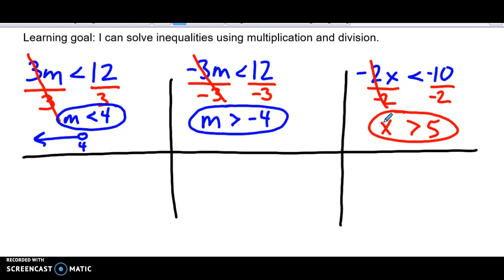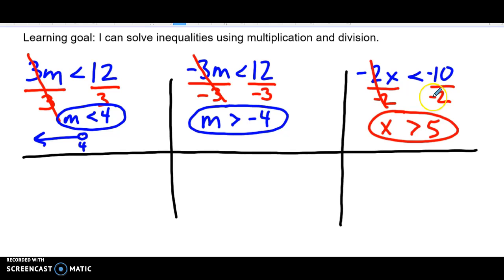If you look very closely on our first example, when we divided by a positive number, I had a less than symbol, and I ended with a less than symbol. But in my second 2 examples, you might be noticing that my inequality symbol has flipped. The only difference is that to solve this, I had to divide by a negative number.